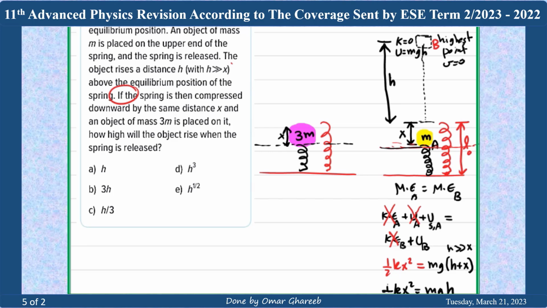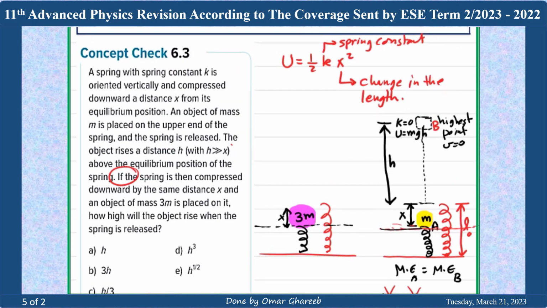Now let's apply the mechanical energy conservation as we did in the first situation. When we release the spring, this object will rise reaching the equilibrium, then it will disconnect from the spring and it will go up. I don't know where it is, maybe here or here, anywhere. So let us draw it like this.